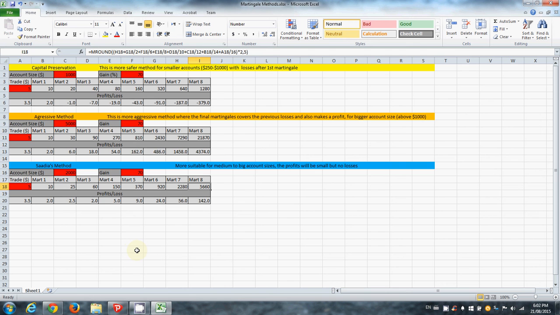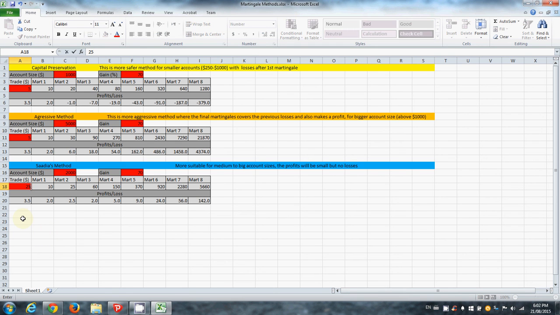So download this Excel sheet, have a look, and if you guys are already doing one of these methods, you just put in your numbers and you can get the results here directly. If you want to use my method, put in your numbers and see what you're going to gain. So let's say, for example, instead of a trade size of 5, you have $25.